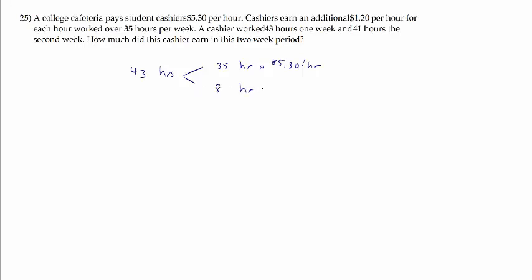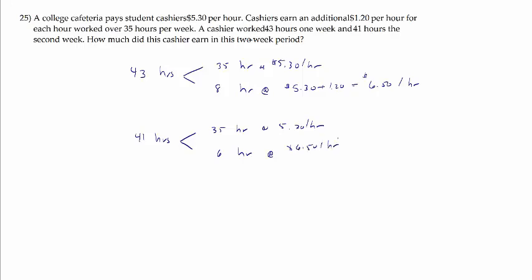So 8 hours is going to be at the pay rate of $5.30 plus $1.20, or $6.50 per hour. And then the second week, she has a total of 41 hours. Again, 35 is paid at $5.30 per hour, and the other 6 hours are paid at $6.50 per hour.